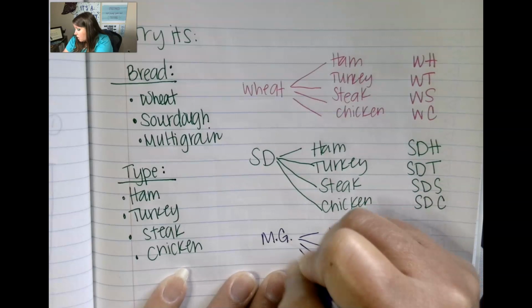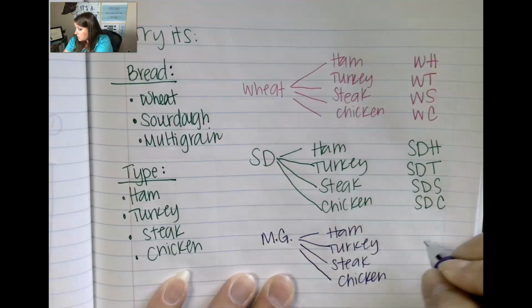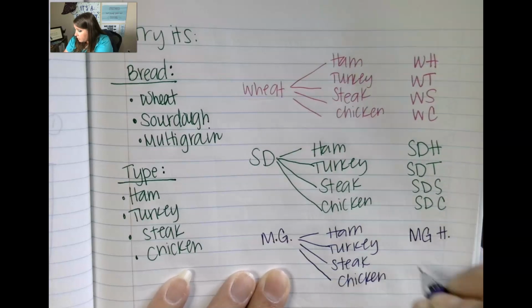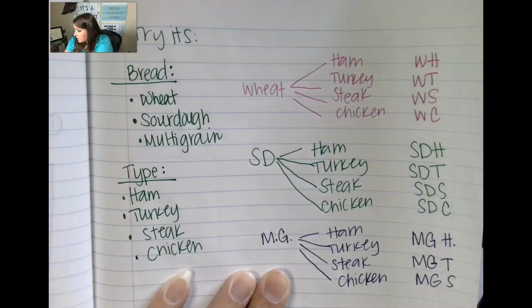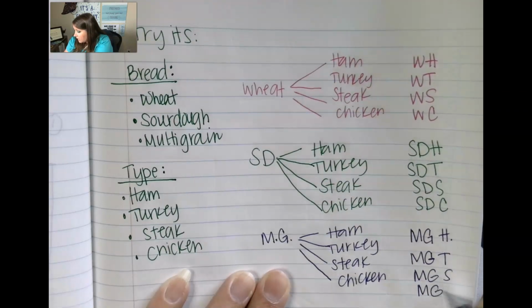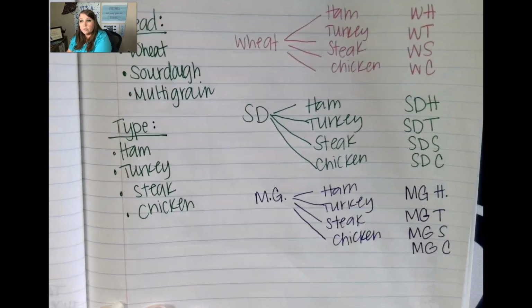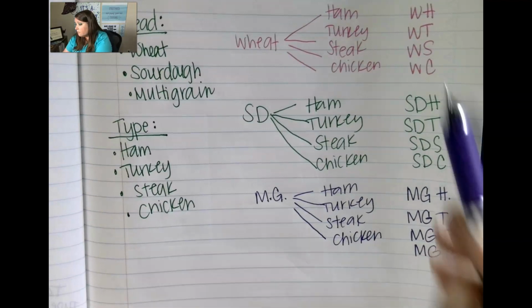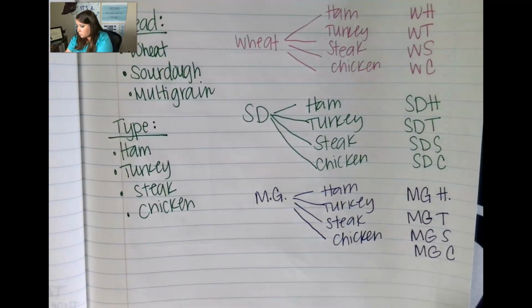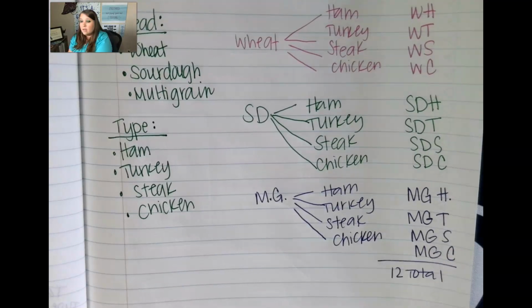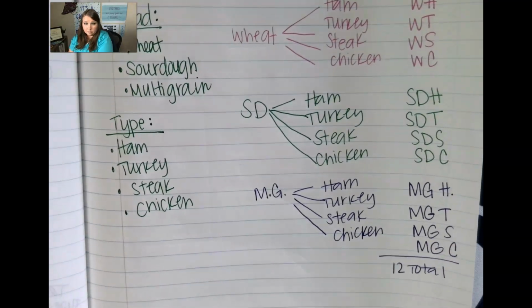So again, 4 opportunities for different sandwiches, and our sample space is multigrain ham, multigrain turkey, multigrain steak, and multigrain chicken. So our grand total of opportunities for sandwiches are 4, 8, and 12. There are 12 total sandwiches that we can make.